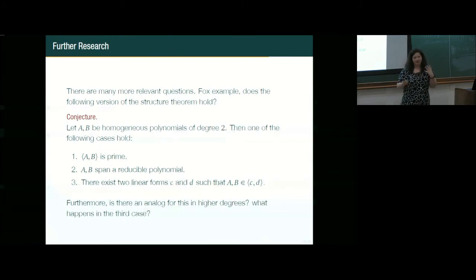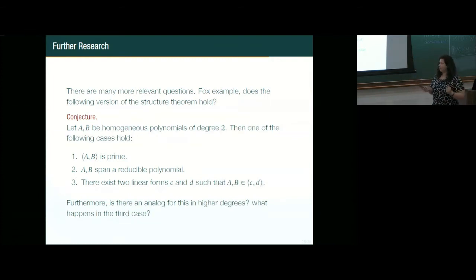But if the structured theorem holds without this assumption, that means that either the ideal is prime, or they span a reducible polynomial, or the third case. Okay, the proof that we have now doesn't work. We assume that there is a product there, but this would be a really interesting characterization of quadratic ideals.